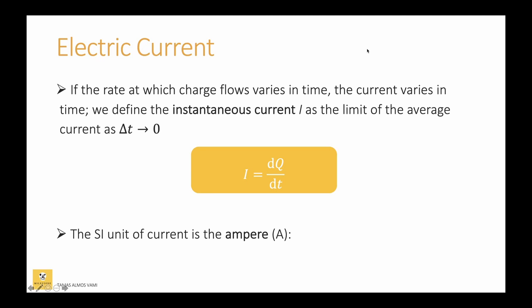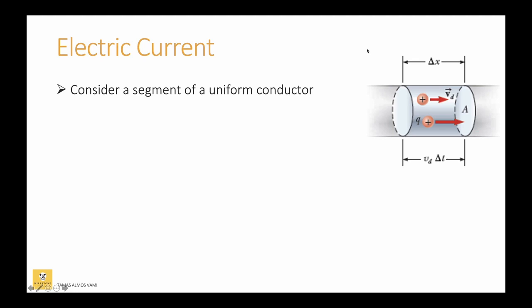The SI unit for the current is ampere, which we denote with A. As the definition of I was the charge divided by time, the unit will be coulombs over second. So let's just consider a segment of a uniform conductor, as we can see here.